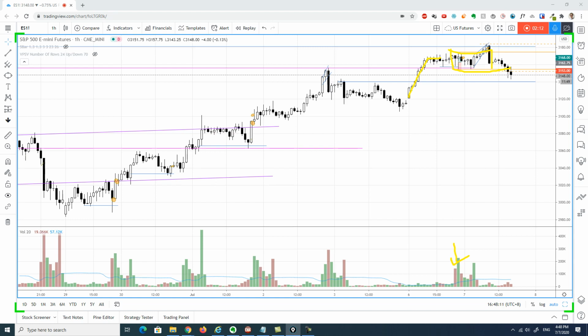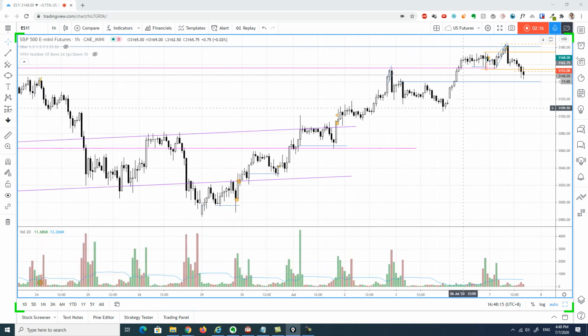And if we zoom in a little bit here, let me show you this. So we have this up wave here and then another up wave, but you can see that the up wave seems a bit shortened from here if you compare it to the previous up wave here.